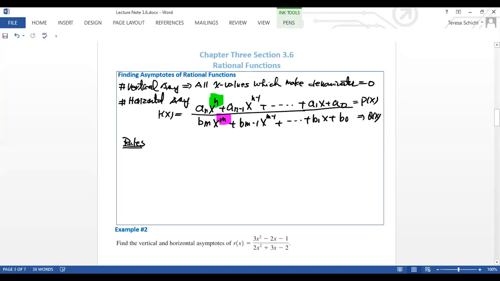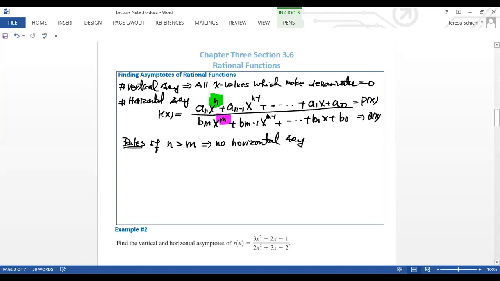If n is greater than m, that means the top is running a lot faster than the bottom, so we say no horizontal asymptote.